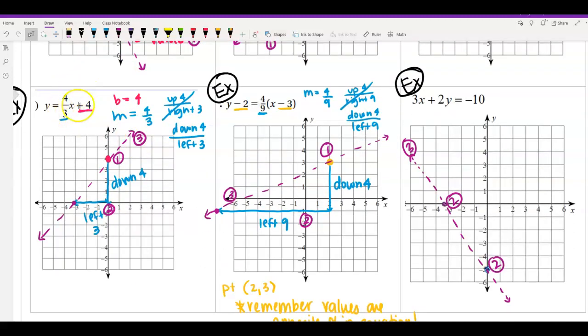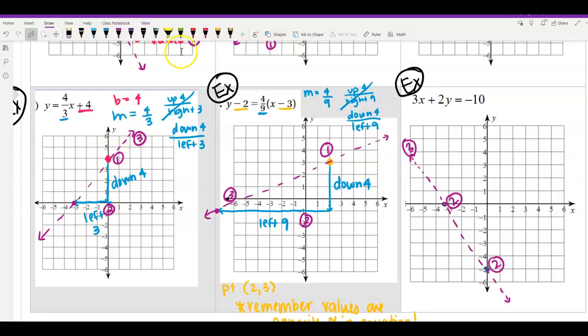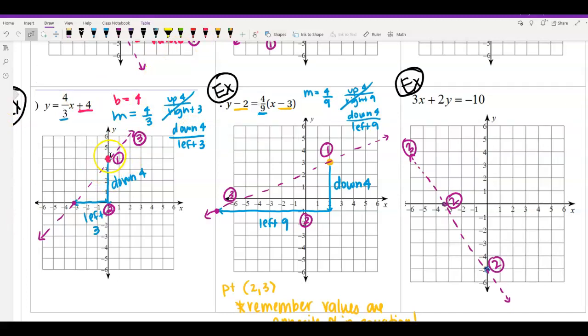So if we look at this first equation for slope-intercept form, we have 4/3 x plus 4. That tells me my y-intercept is 4 and my slope is 4/3. So first I'm going to graph on my y-axis that 4 point, and that 4 will be graphed right up here. And then from there, I'm going to use the slope of 4/3.